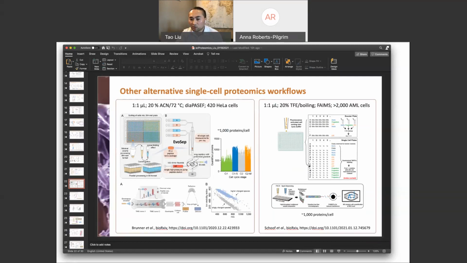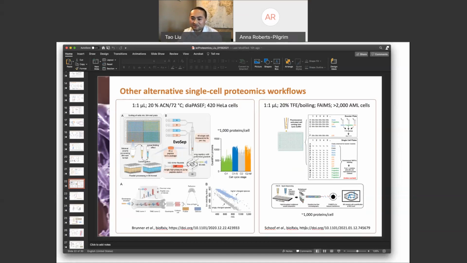And then there's another work using a very similar setup, but with slightly different conditions in terms of sample lysis and initial processing. One of these is a label-free workflow, and this one is a TMT workflow. They were both able to achieve 1,000 protein IDs. So I'd highly recommend you look in detail at these two papers, in terms of commercially available systems for your analysis.